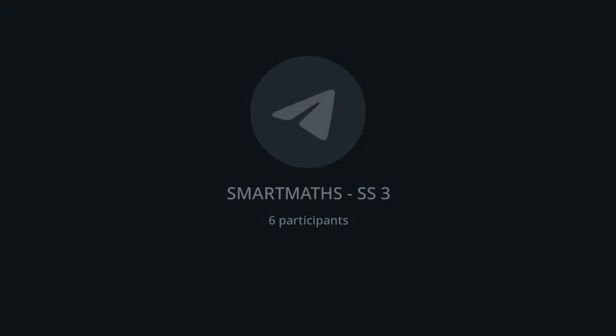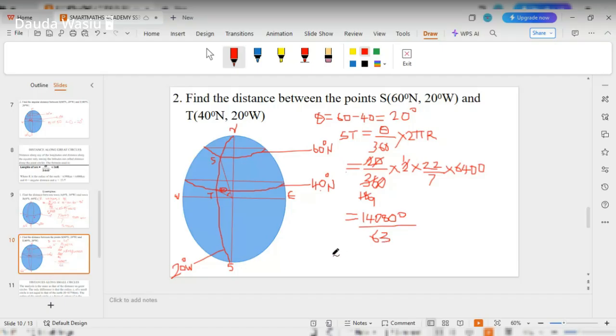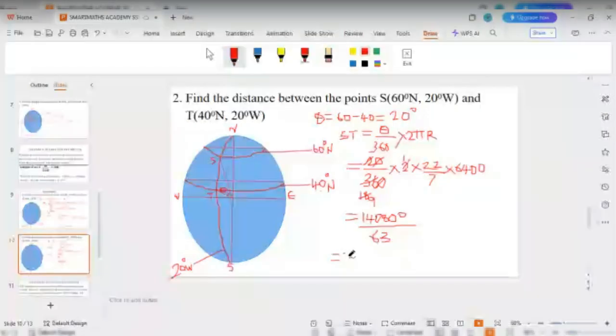So 140,800 divided by 63 is 2,234.920, so 0.92.